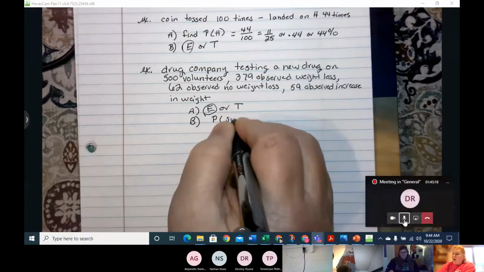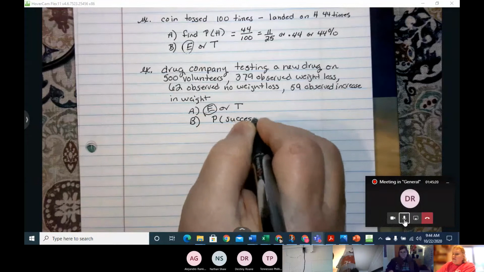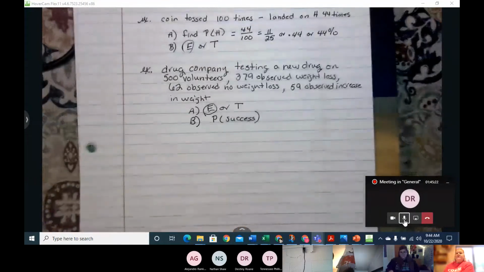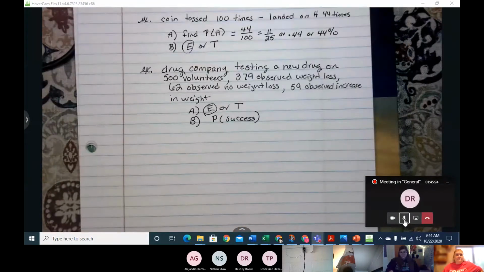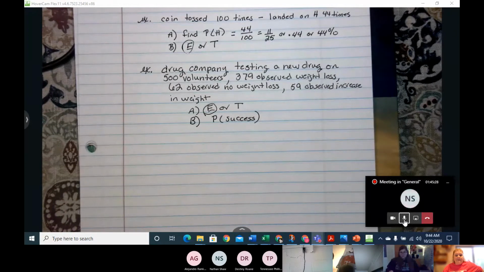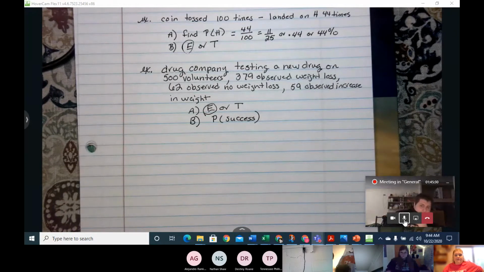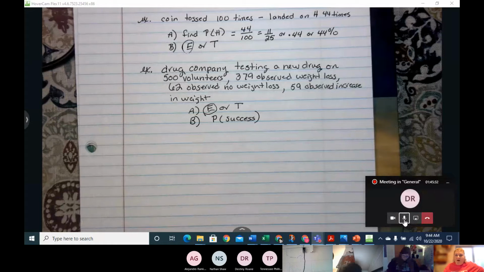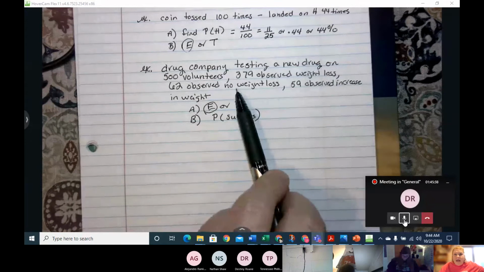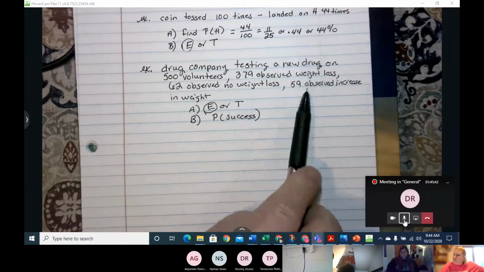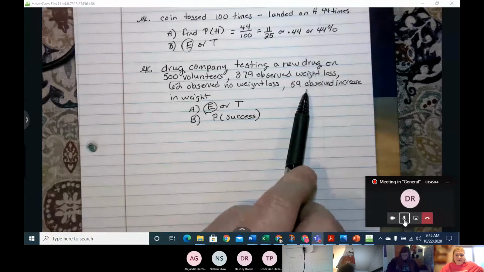We want to find the probability of success of this experiment. So which of this data are we going to focus on? Are we going to focus on the no change? No. Are we going to focus on the increase?